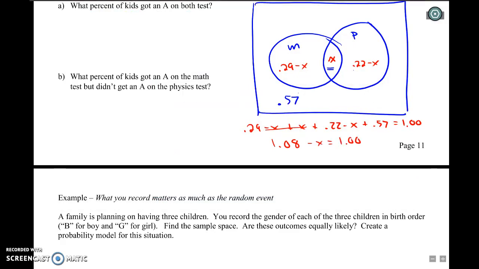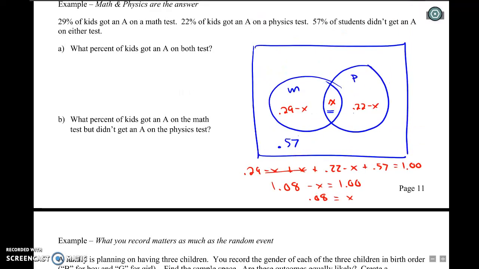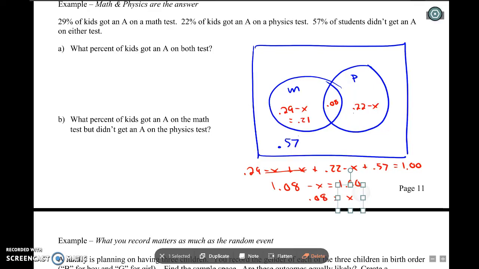Let's move the x over here: x is 0.08. So apparently this is 0.08, and therefore this is 0.21, and therefore this is 0.14.